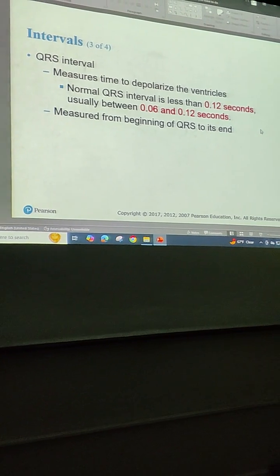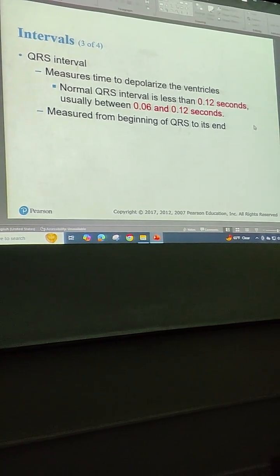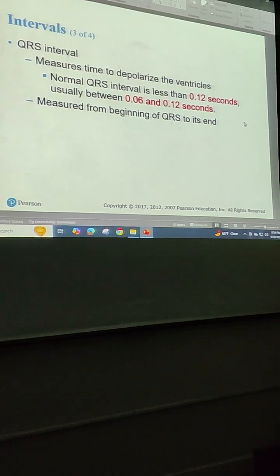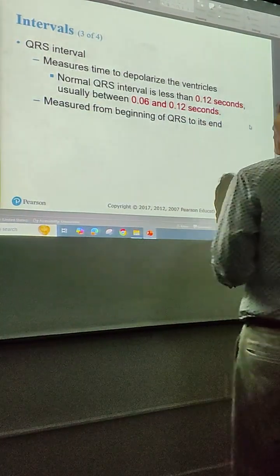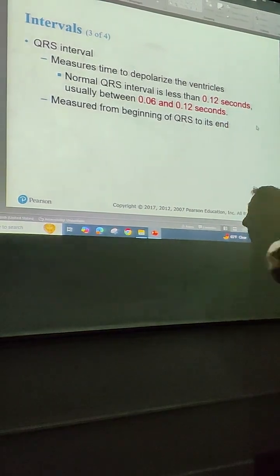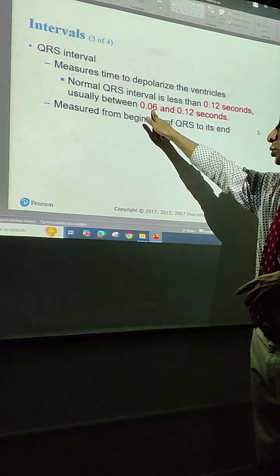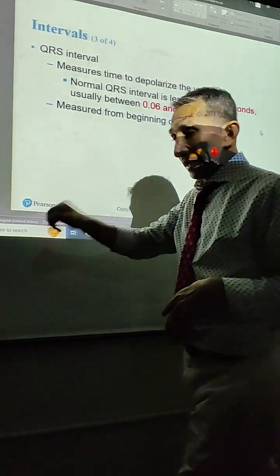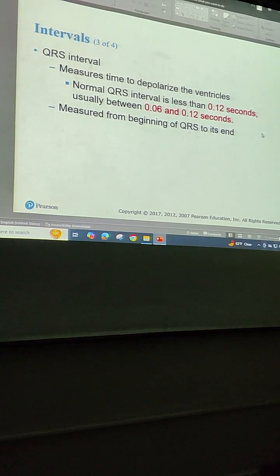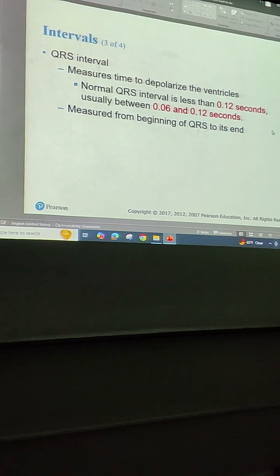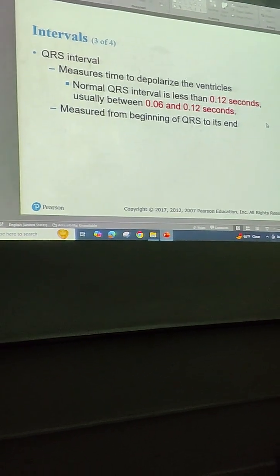Here it is, everything in red, easy for you to review. Normal QRS is less than 0.12 seconds. That means it has to be between 2 little boxes and 3 little boxes, from 0.06 seconds to 0.12 seconds.